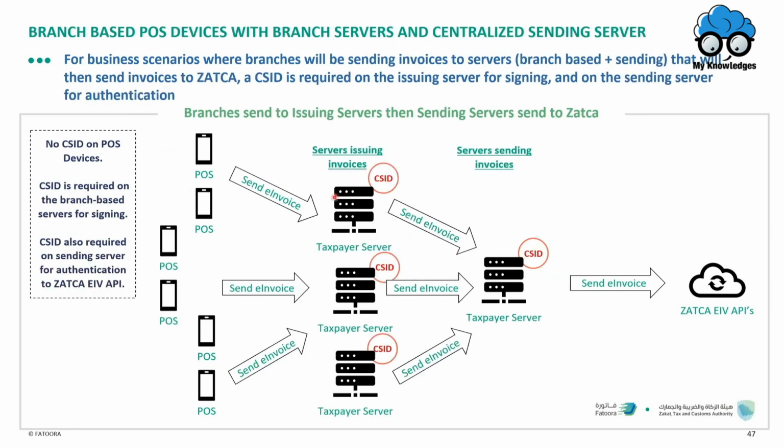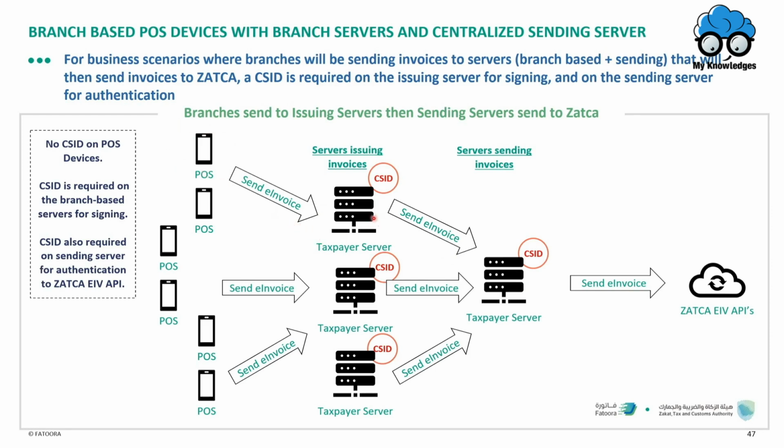A bit more complicated example is if you have a taxpayer with multiple branches, where each branch has, let's say, a dedicated internal server, and then they have a regional or central server to consolidate all the invoices and then send them to Zatka. In that case, if the point of sale is not issuing or sending an invoice, it doesn't need to have a CSID.